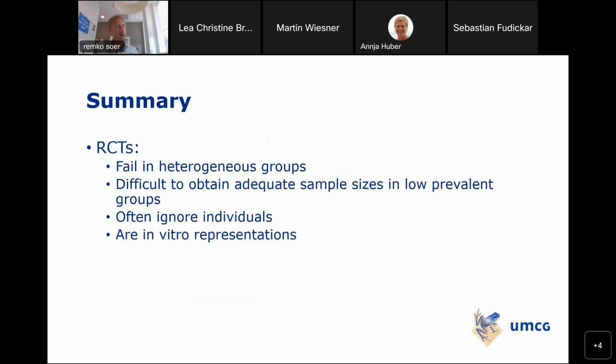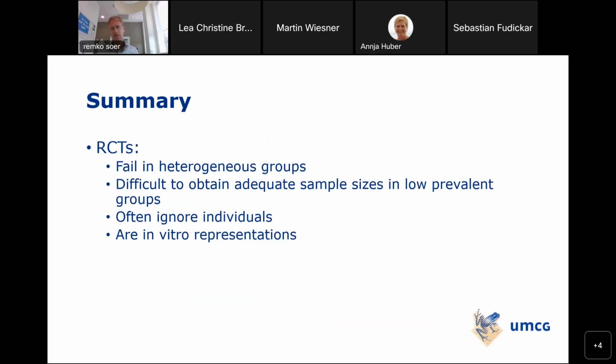As you saw in my first example, we had 318, I think it was, subjects with a neck hernia, but we needed 4 years of inclusion, and we needed 8 or 10 hospitals to obtain the adequate sample sizes. So they often ignore the individual patients, and they are in vitro representations.